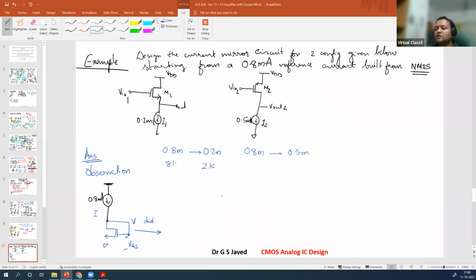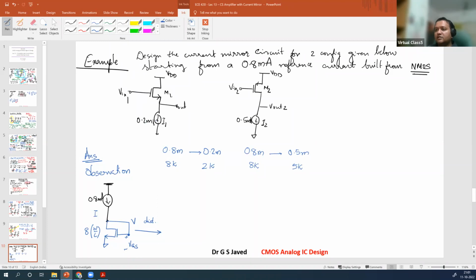This is 8 times K. Same way you have 8 times K and you have 5 times K. Assuming K is a unit reference, this is the ratio that you will have to maintain. So what does this mean? So for 0.8, you have 8 W by L, or 8K is the ratio.